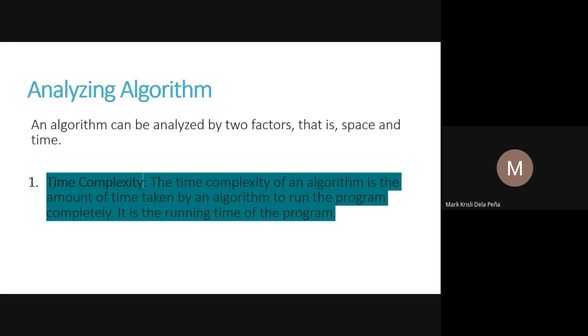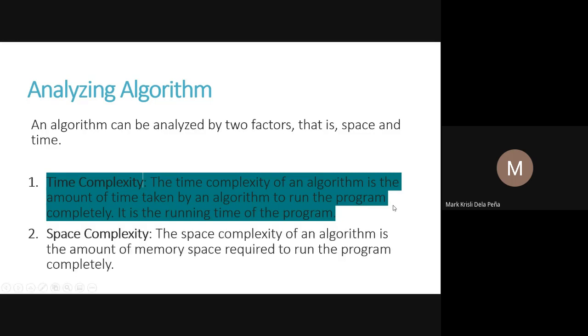However, if we don't know the size of that loop or the number of iterations, and it depends on the value entered by a user, then we will denote it n. So that will be our input size. The time complexity is commonly represented by the big O notation, which we will be discussing in the next slides.